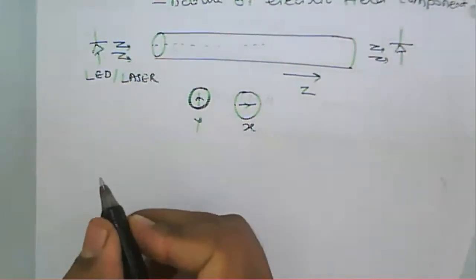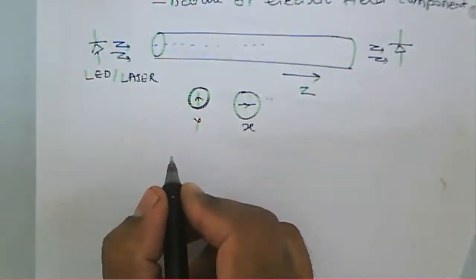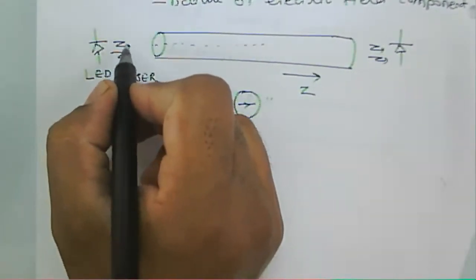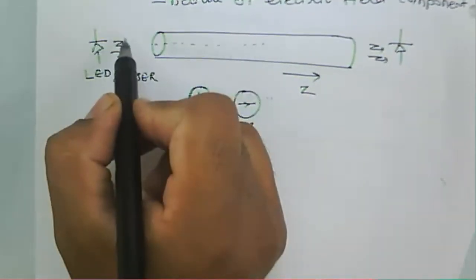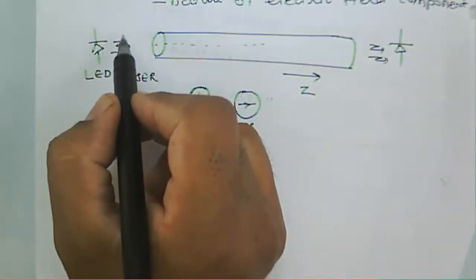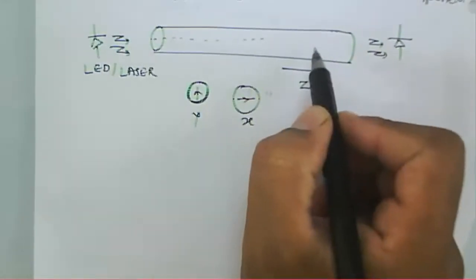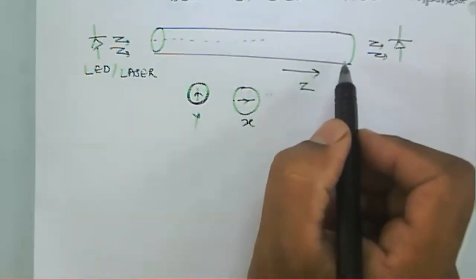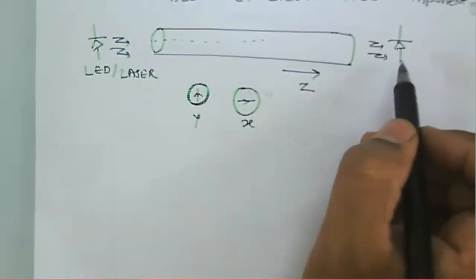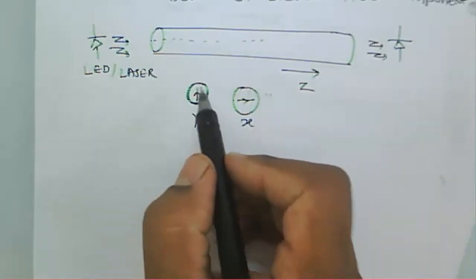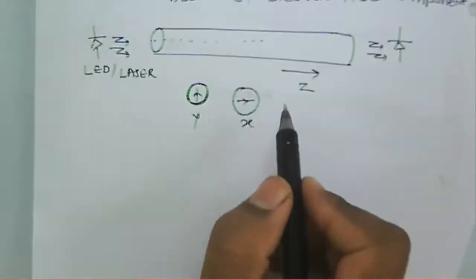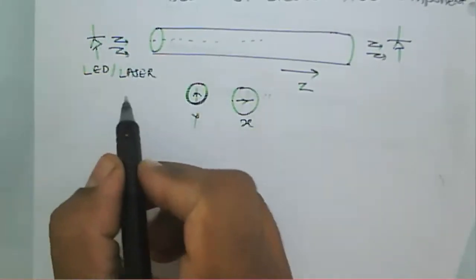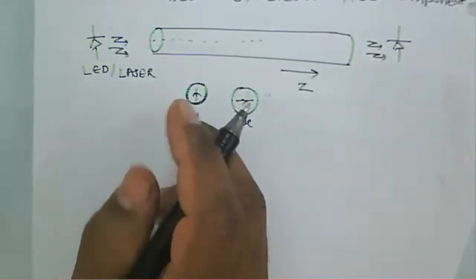Now, whatever rays are propagating through the fiber, there is the intensity of the particular light propagating through the fiber, and that gives us how the rays are propagating and what the polarization of the particular fiber will be.